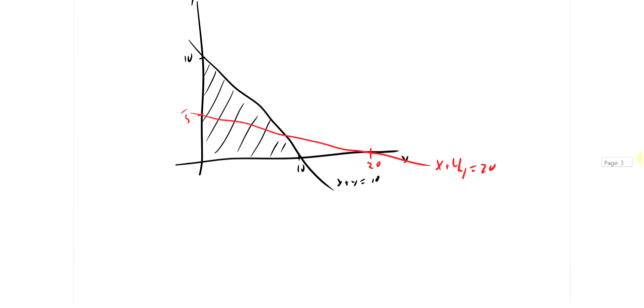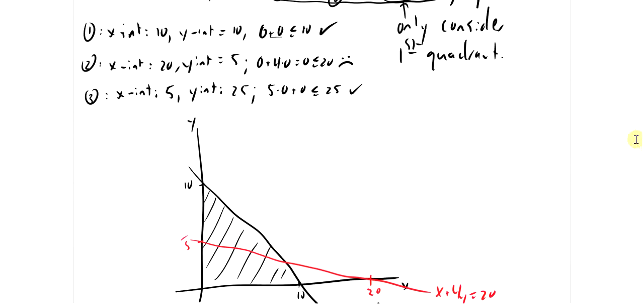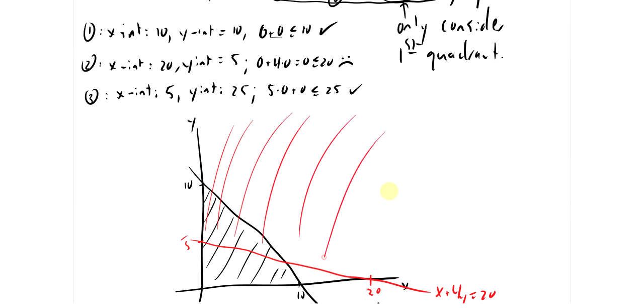That's our line in red. Which side do we want? We want the side that 0, 0 is not on. So 0, 0 is over here, and we want this side up here. So we shade this whole unbounded region in the first quadrant. We don't go over to the outside of this though.